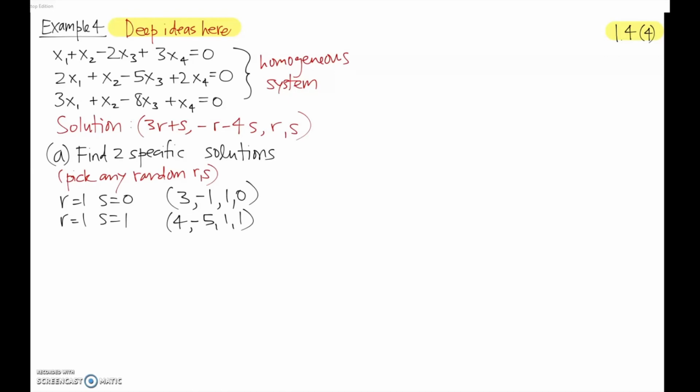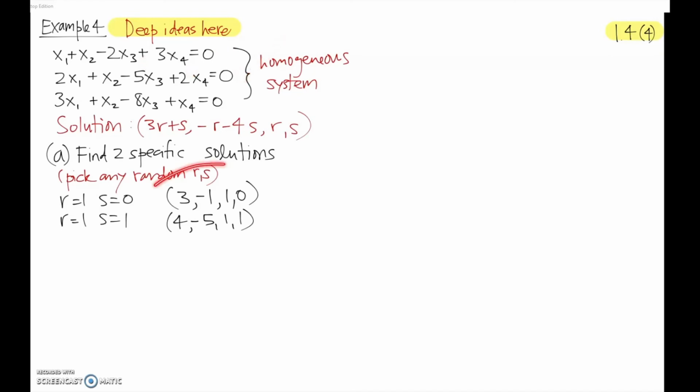Let's just double check and make sure they are solutions. So I'm going to take this guy and think of plugging him back into these equations. So that would be 3 minus 1 is 2, minus 2 plus 0 equals 0. That one works. 6 minus 1 is 5, minus 5 times 1 is 0, plus 0 equals 0.